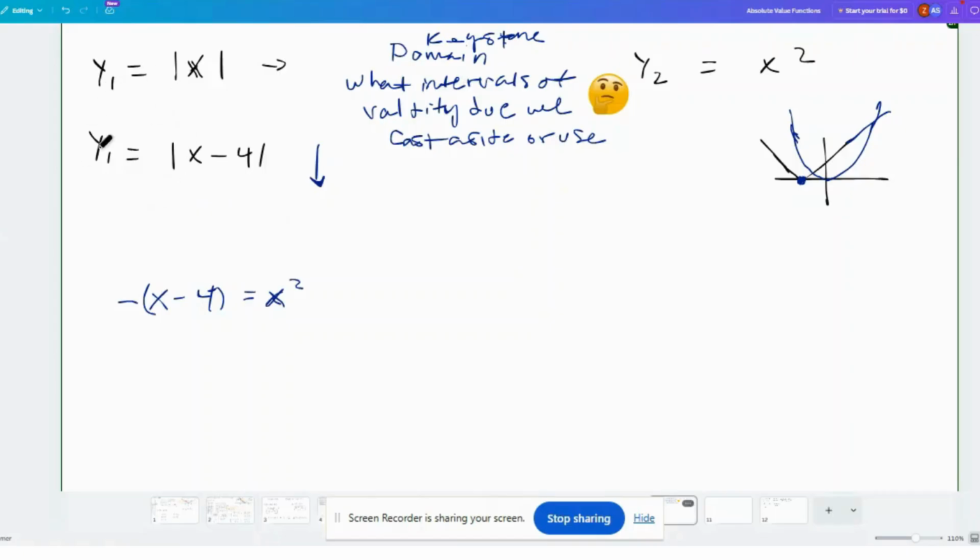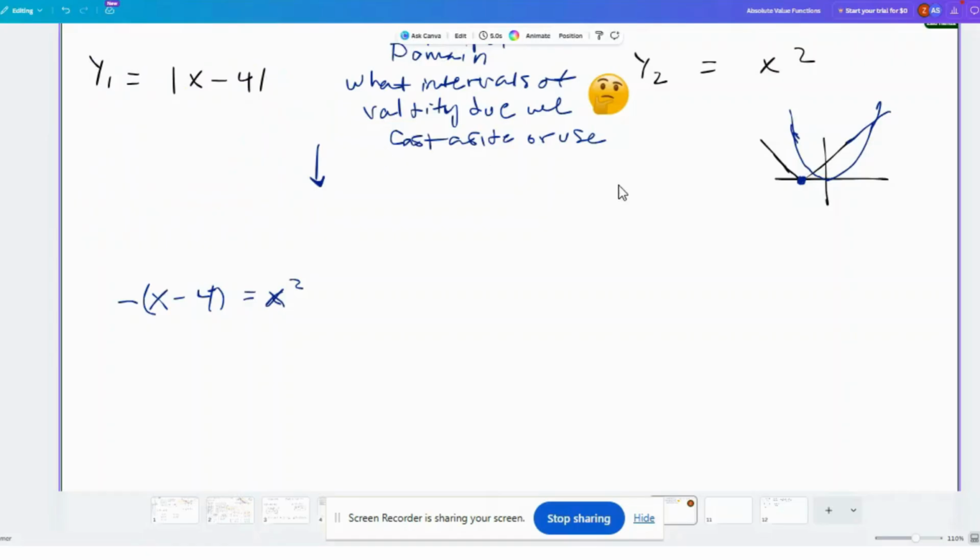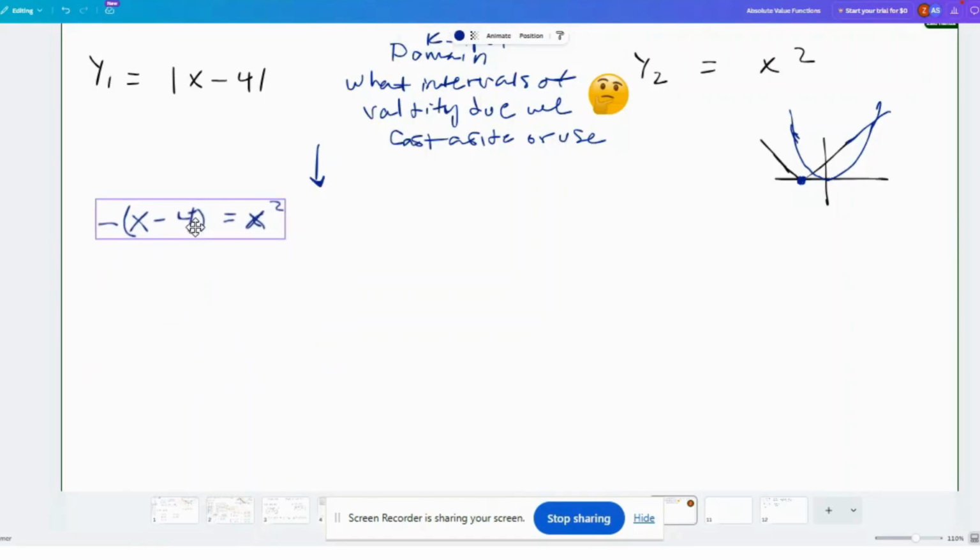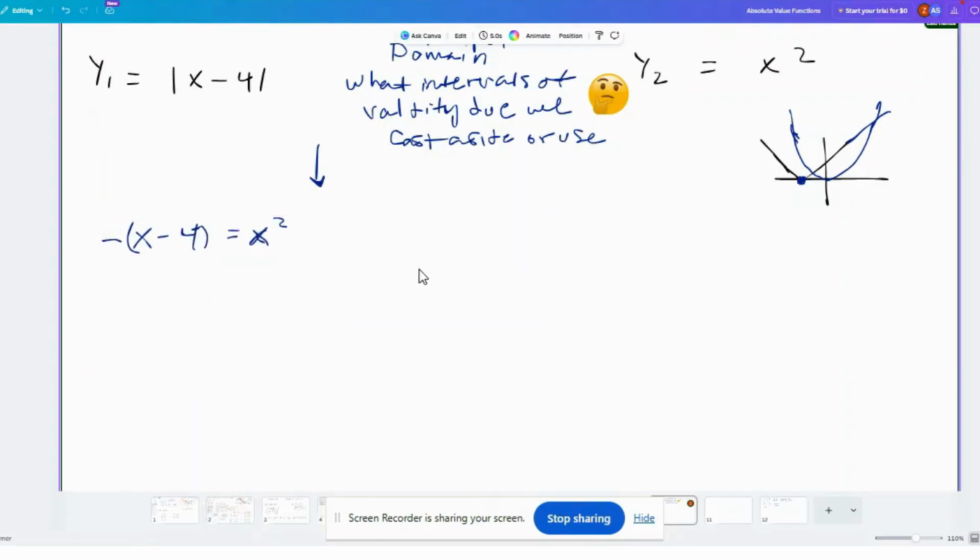So even though, and again, we don't have this function, sorry about that, we've got the x minus 4 negative portion. Since we know how to graph absolute value functions and their translations, then we can simply extend the idea of systems and our previous idea regarding the keystone of the intervals of validity on what can and can't exist.